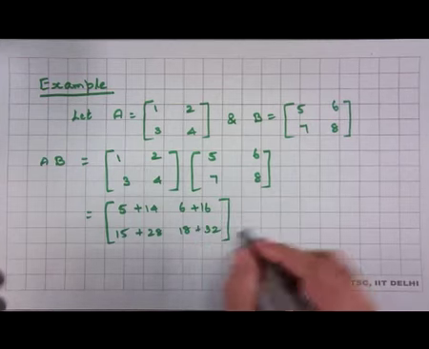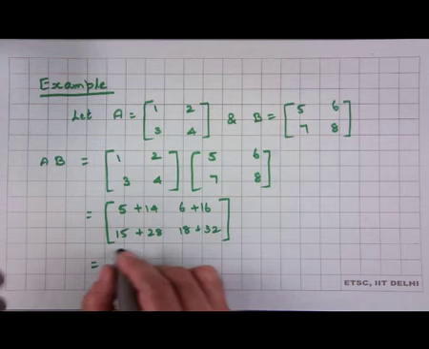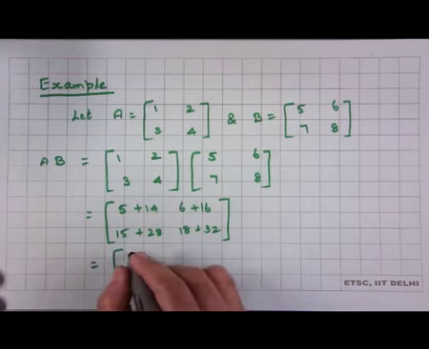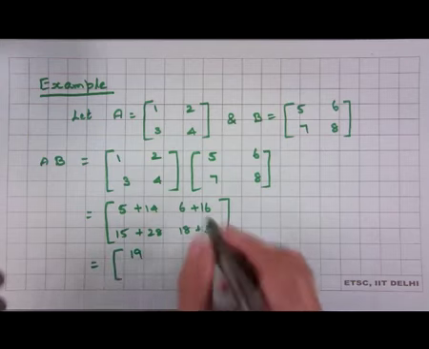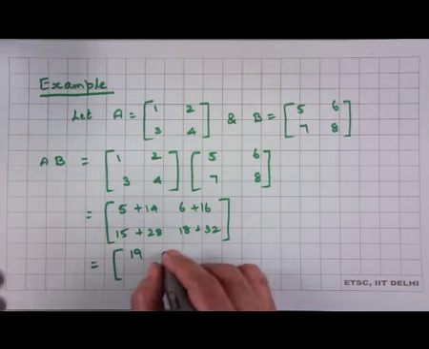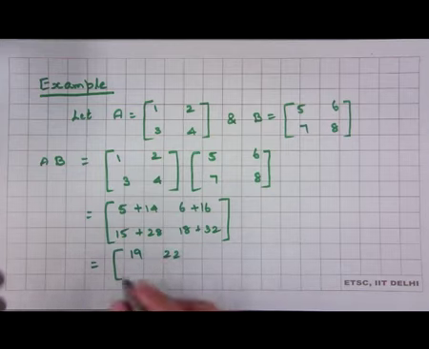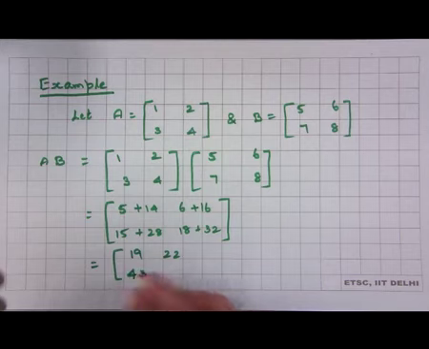The resulting matrix is 5 plus 14 which is 19, 6 plus 16 which is 22, 15 plus 28 which is 43, 18 plus 32 which is 50.